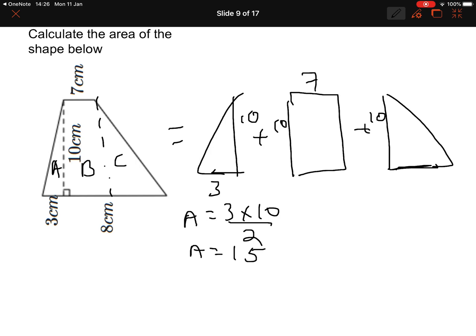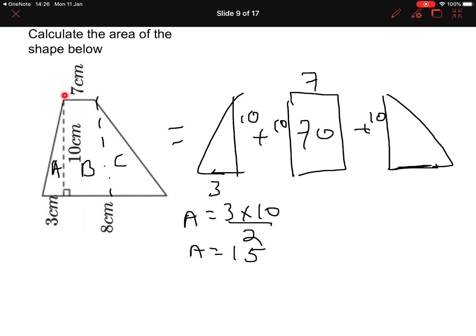Okay, so it's going to be 7 by 10. One thing you can recognize is that the height of each part is going to be 10. So 7 times 10 is 70. 70 centimeters square. I'll just write that on the inside. All right.